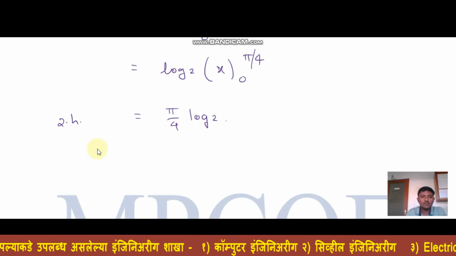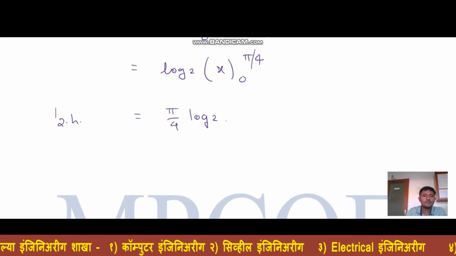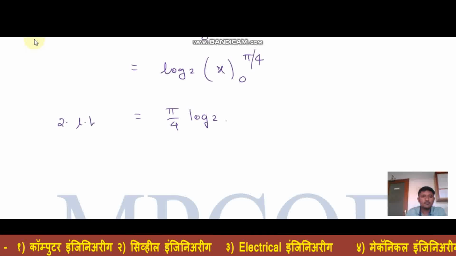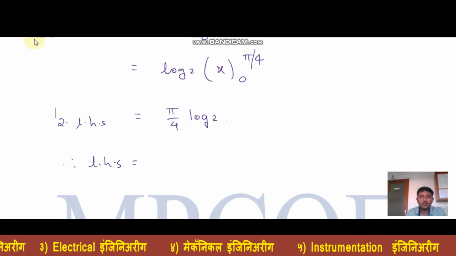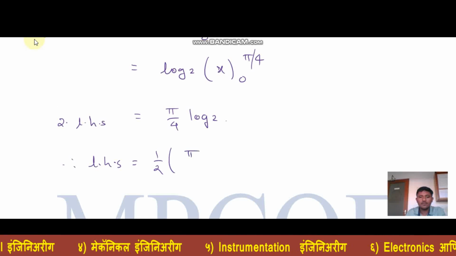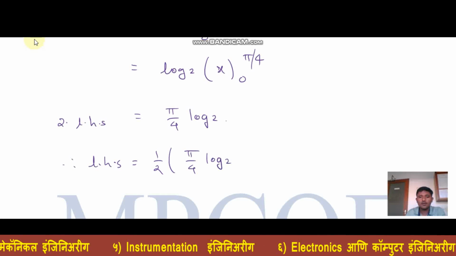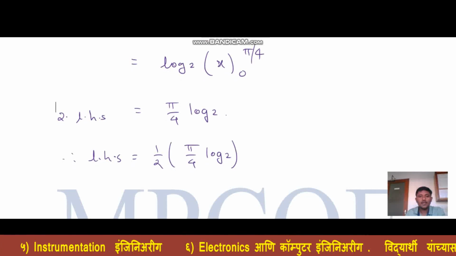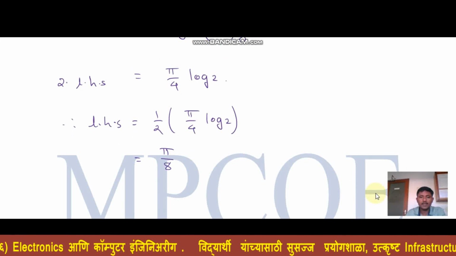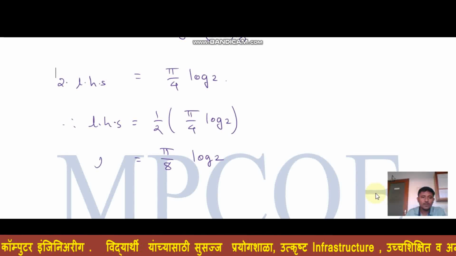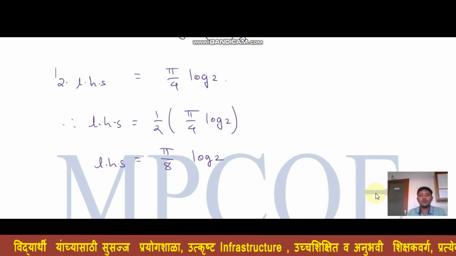So 2 times LHS equal to this. Therefore LHS equal to 1 upon 2 into pi by 4 log 2. Now we will multiply this throughout. We get pi by 8 into log of 2. So LHS is equal to this.